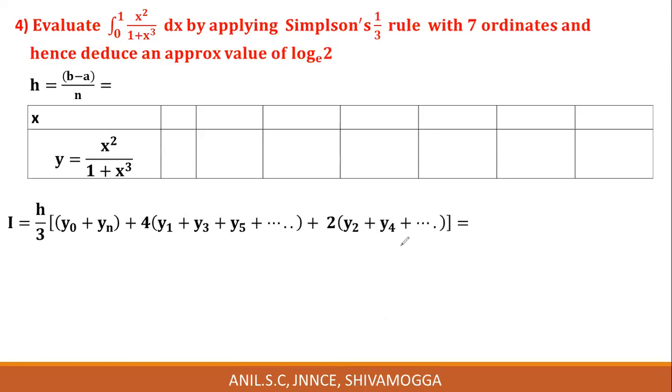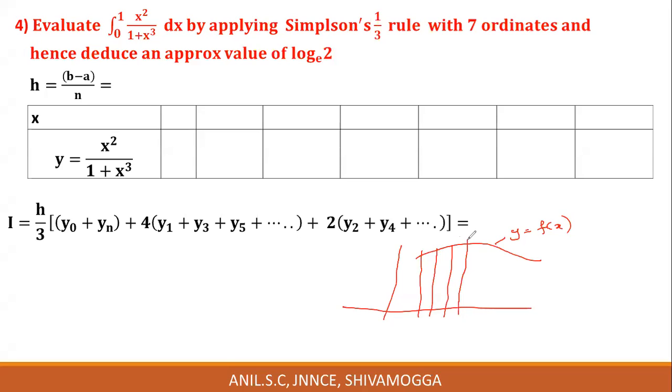See, numerical integration is like this. This is y is equal to f of x. 7 ordinates. I read 7 ordinates. 1, 2, 3, 4, 5, 6, 7. 7 ordinates.